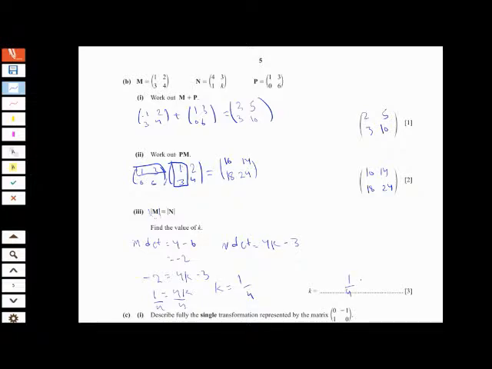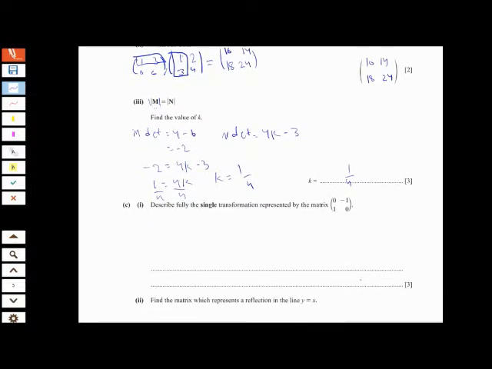Okay, now describe fully the single transformation represented by the matrix (0, -1; 1, 0). For this one, it's a rotation 90 degrees anticlockwise, center (0, 0). For these questions, actually all you have to do is just memorize.